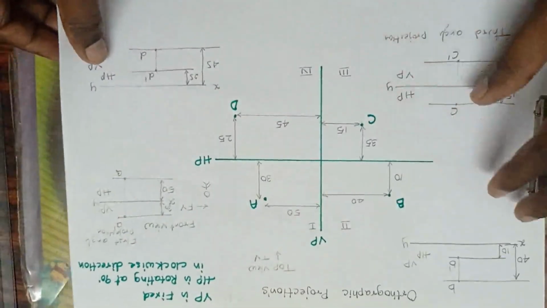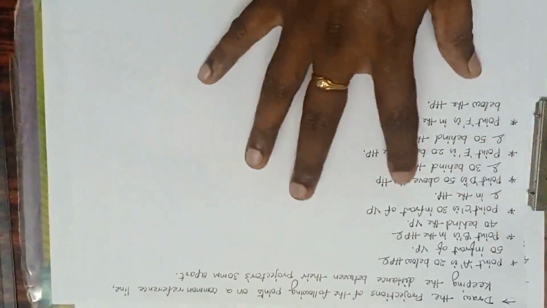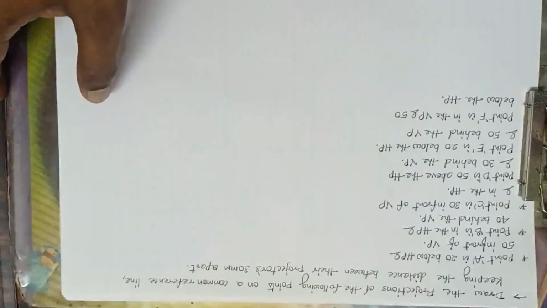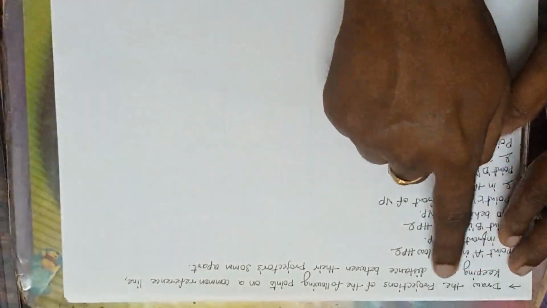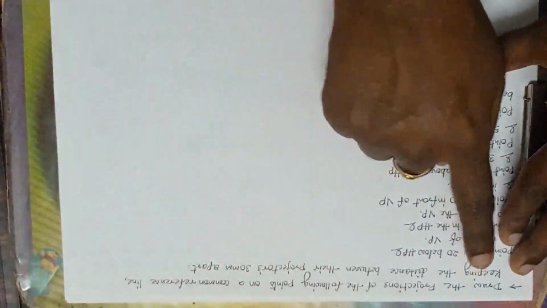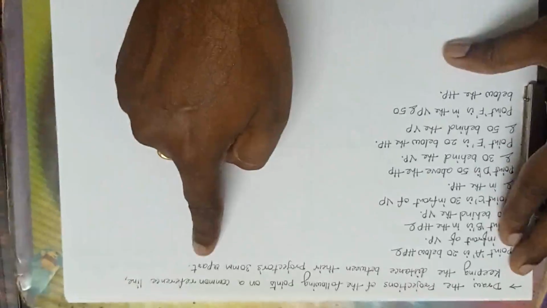Let us come to the questions now. See here. Now, let us read this question. Draw the projections of the following points on the common reference line, keeping the distance between their projectors at 30 mm apart.